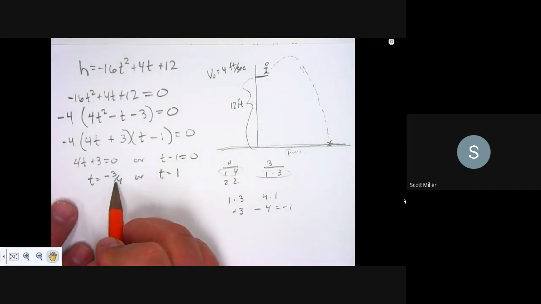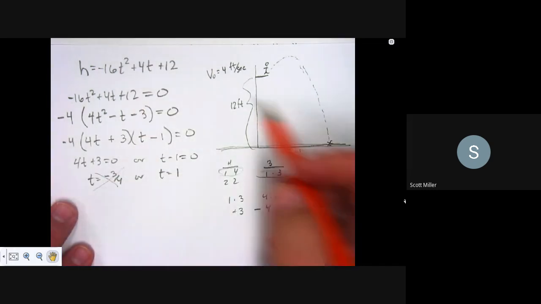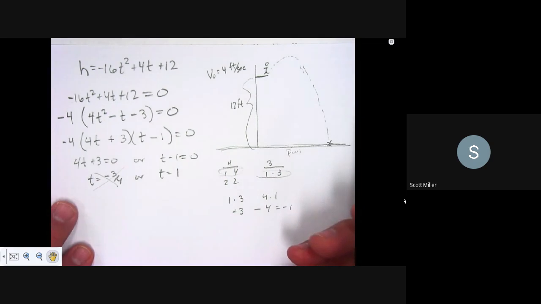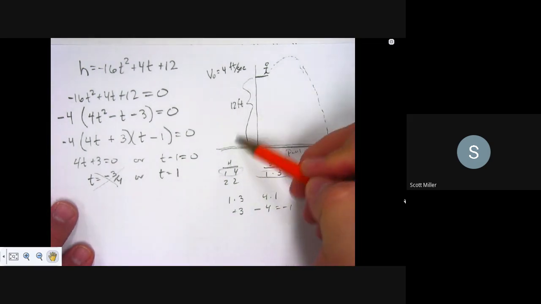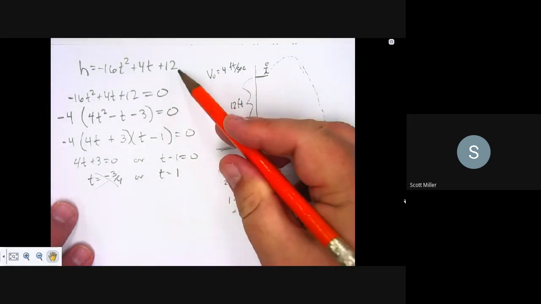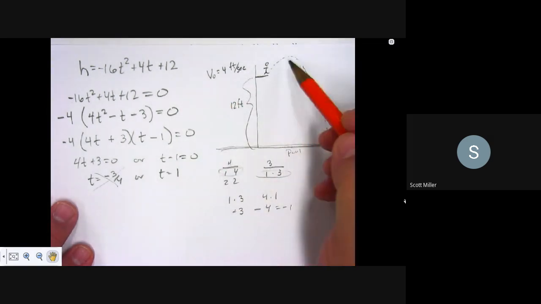Well, this number in that context means that you hit the pool before you ever jumped. And that's not what we do. So this one is not a solution, even though it popped out of the equation. It does not meet the concept of the story. It's basically the bottom end over here. So this part over here, this is a parabola. Okay, and it's talking about this part down here, but see, that's going back in time, and we're not doing that.